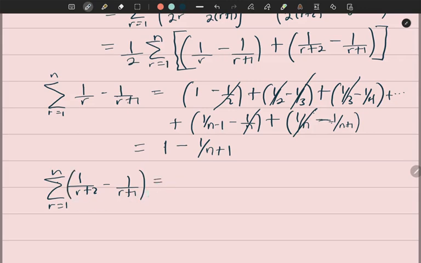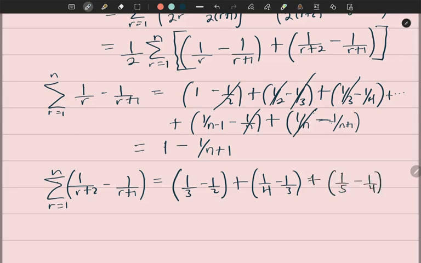If we use the same process here, when r equals 1, we substitute the values of r and have 1 over 3 minus 1 over 2, plus 1 over 4 minus 1 over 3, then plus 1 over 5 minus 1 over 4. This process continues, and the second to the last term is going to be 1 over n plus 1 minus 1 over n, and the last term will be 1 over n plus 2 minus 1 over n plus 1.